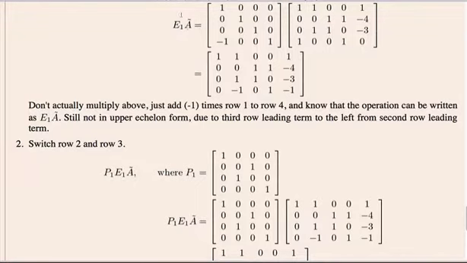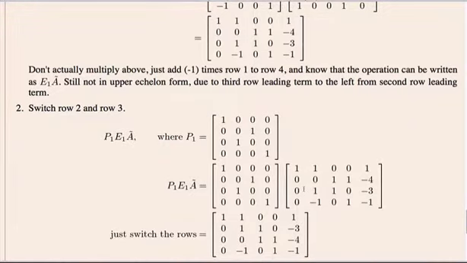And that's applied to the previous matrix, which was E1 times A tilde. So P1, E1, A tilde is the E1, A tilde matrix with the second row and the third row interchanged.